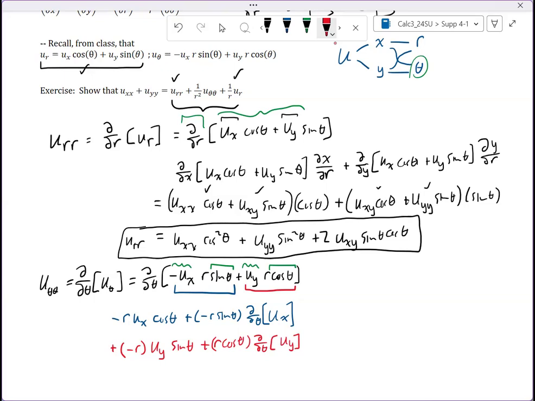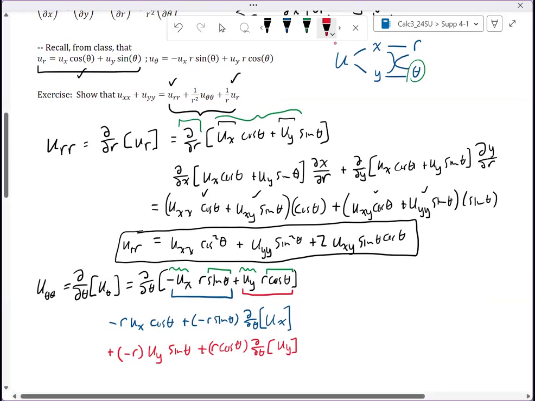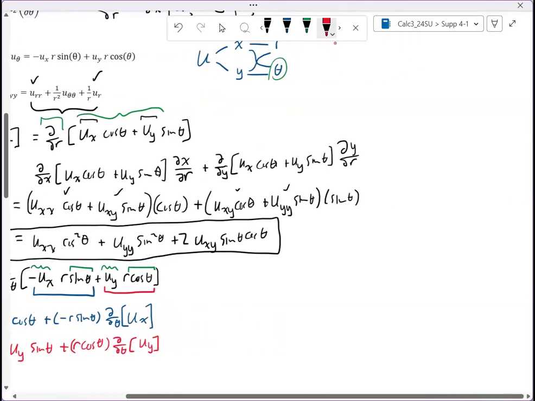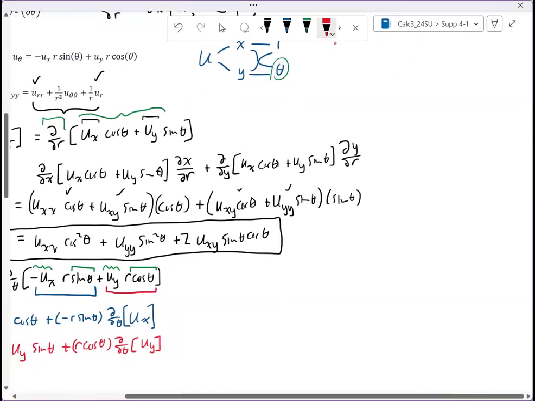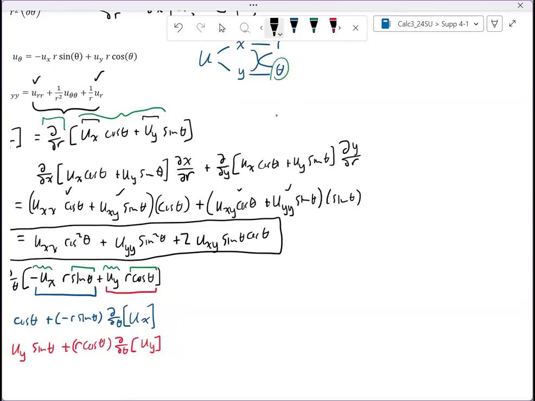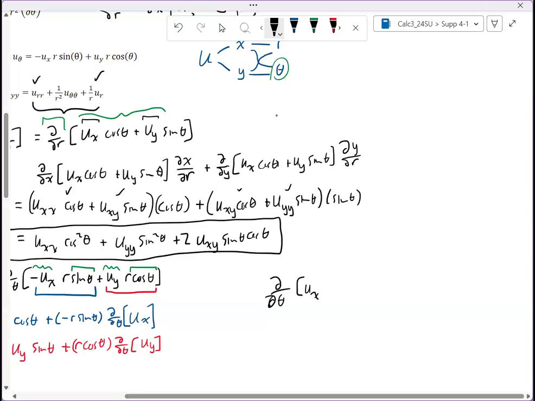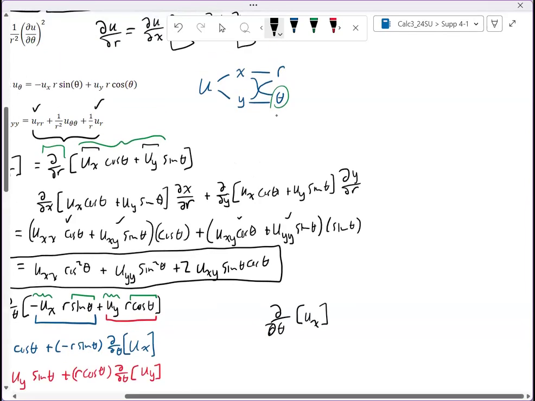Okay, so now we need to find the partials with respect to theta of ux and uy. So let's come over here off to the side and do that because I'm quickly running out of room. So what's the partial with respect to theta of ux? Well, u depends on x and y and therefore r theta, and so does ux and uy.